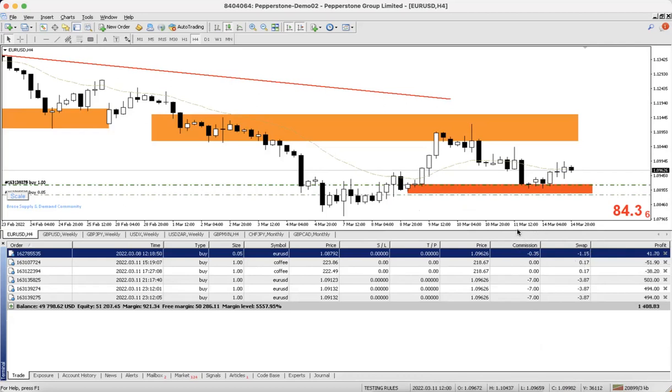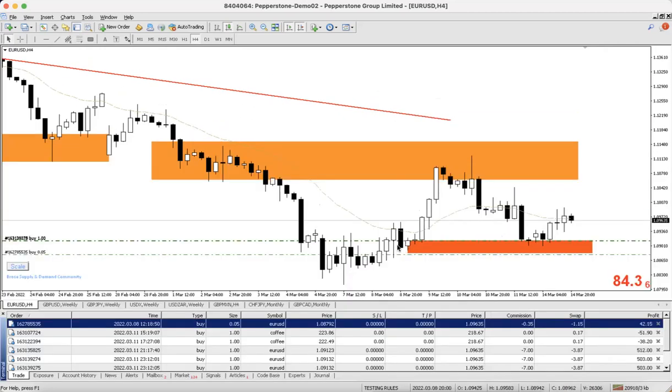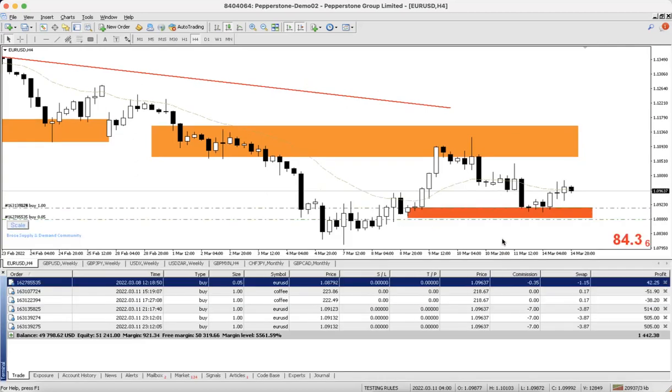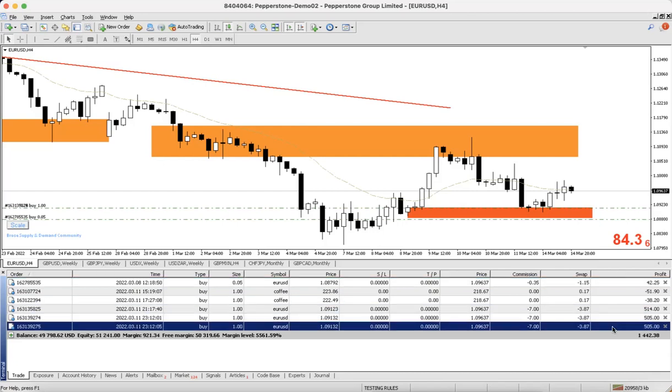So I took another one on the H4 here, okay? Because I was watching that zone. This one was a buy limit that I set last week. You can see here, all of them are on profit, 500, 500.